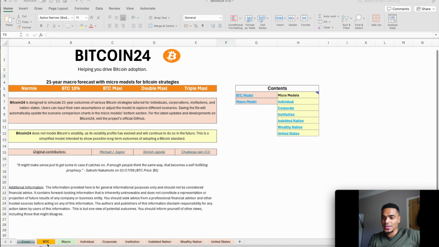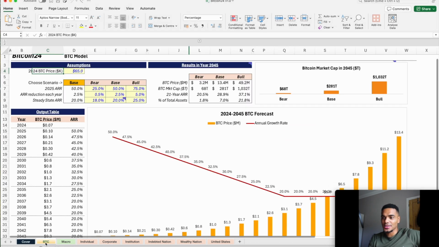So we're going to go ahead and quickly head into the BTC page. And off the bat, I think this was introduced in 2024, they had a BTC starting price of $65,000 and then also put in a couple of core rates of prices here which we can see.